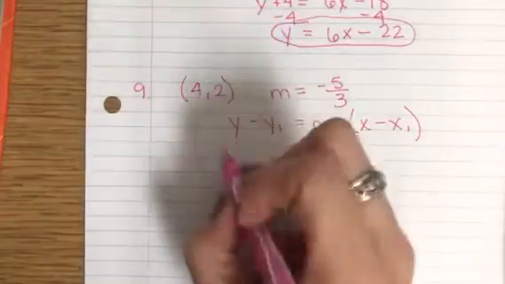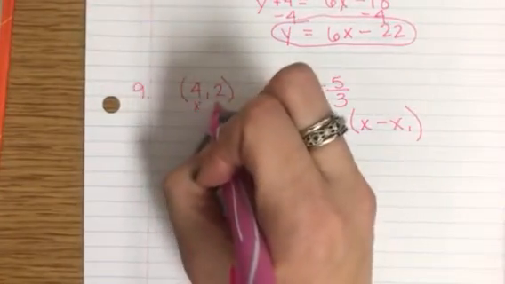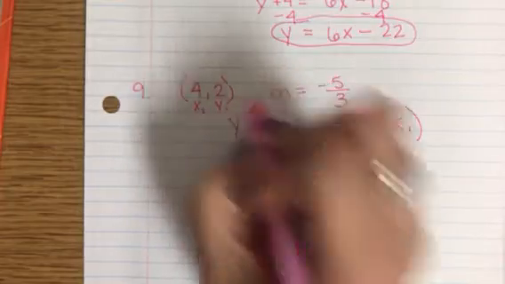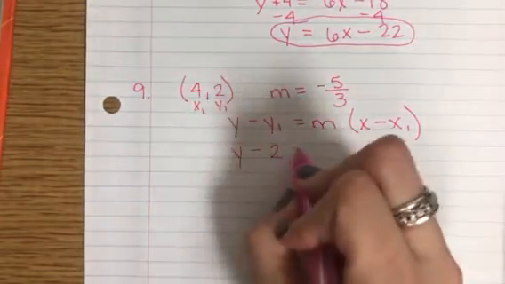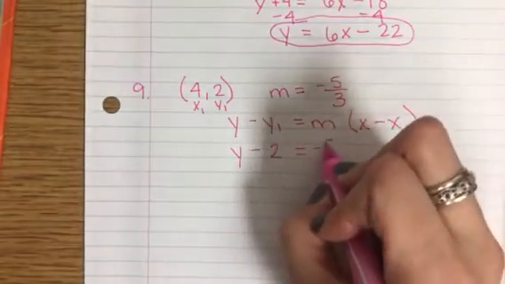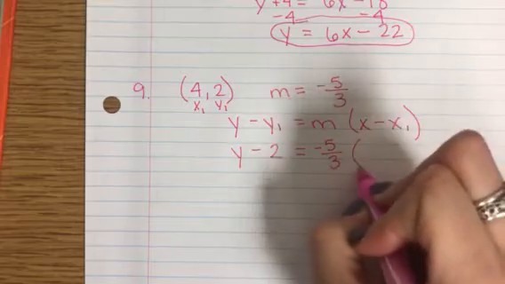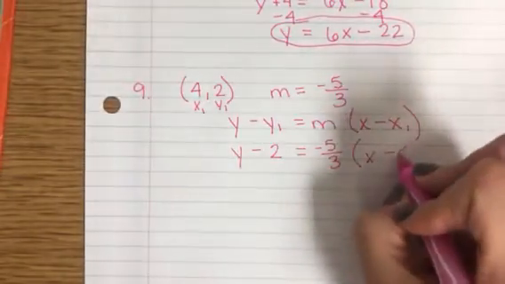If we start plugging in, we'll say y minus, remember this is our x, y, so this is our x sub 1 and our y sub 1. So y minus 2 equals negative 5/3 times x minus, our x sub 1 is 4.